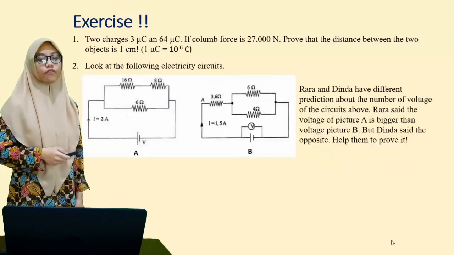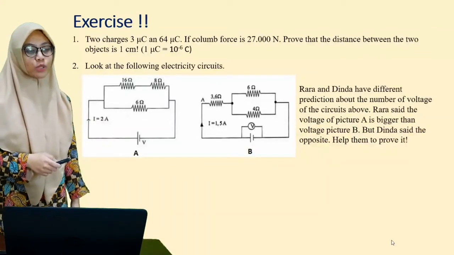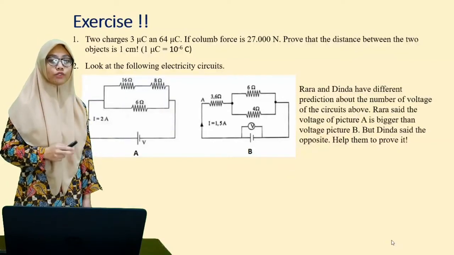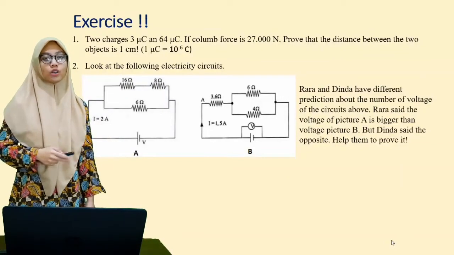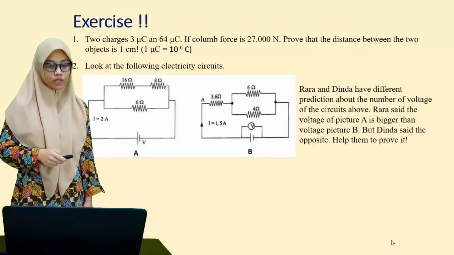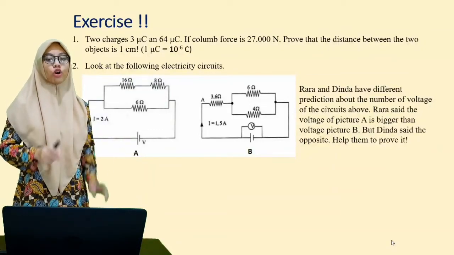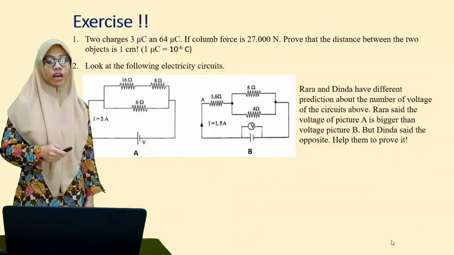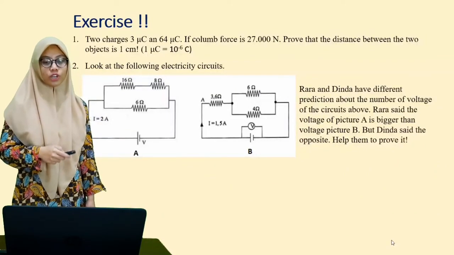Okay, for question number 2, look at the following electricity circuit. Here I have two pictures of electricity circuits, picture A and picture B. You must compare both of them and then help Rara and Dinda to determine the answer. This is the question.